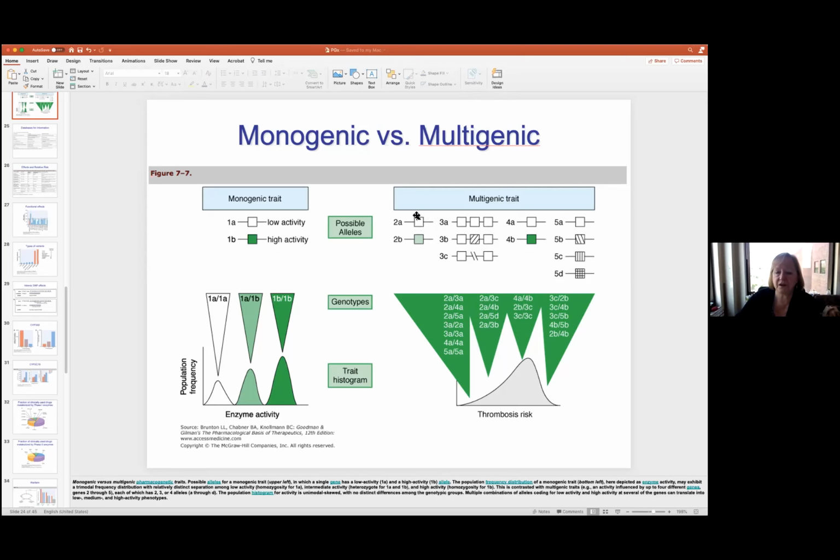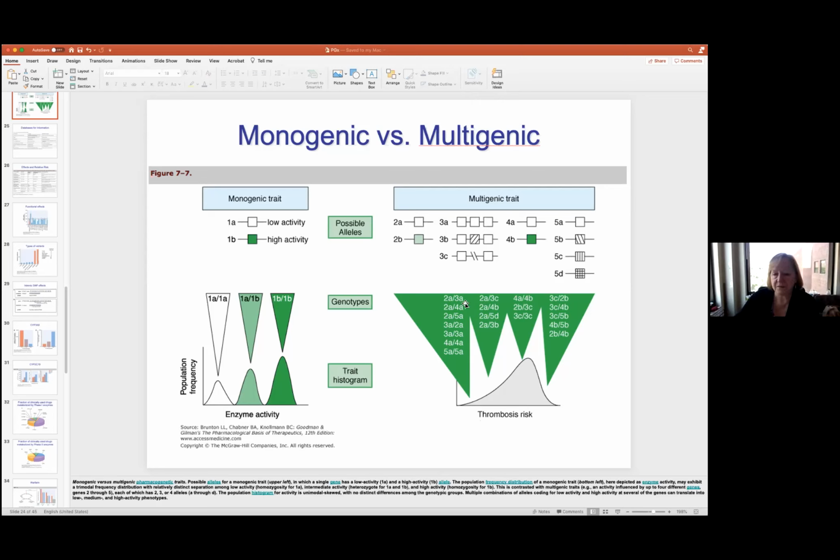So if you have the low activity allele for 2, you have 2A, and then you have one of the 3As. Now, all of a sudden, you're going to have really low activity. So you're going to have a lower thrombosis risk in this scheme of things.